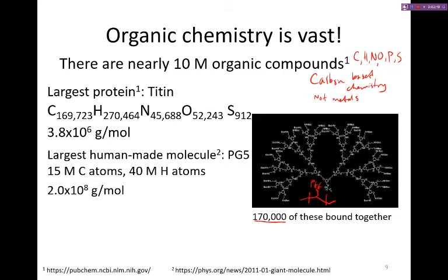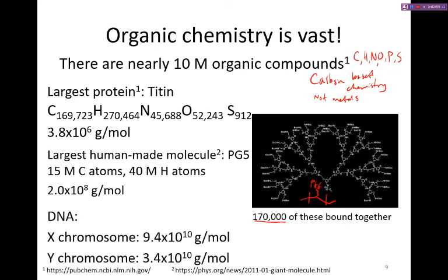And if you think that's impressive, our body is made up of DNA, right? Well, if you take a look at the X and the Y chromosome within humans, those are 100 times more massive than PG5. And so the organic world is complex, it's varied, and it's super important to our daily lives.